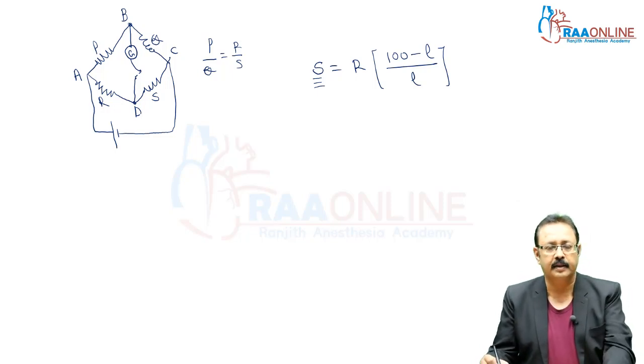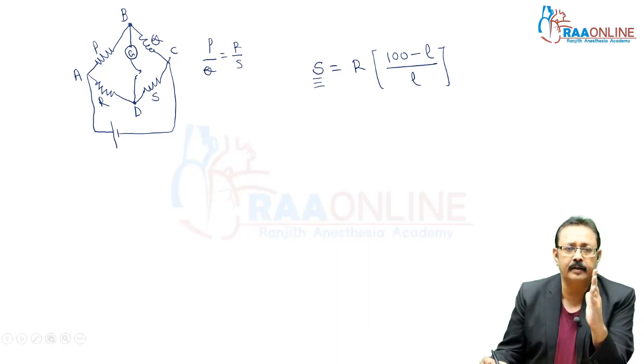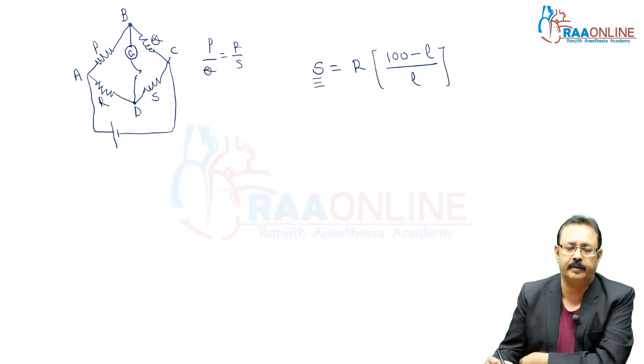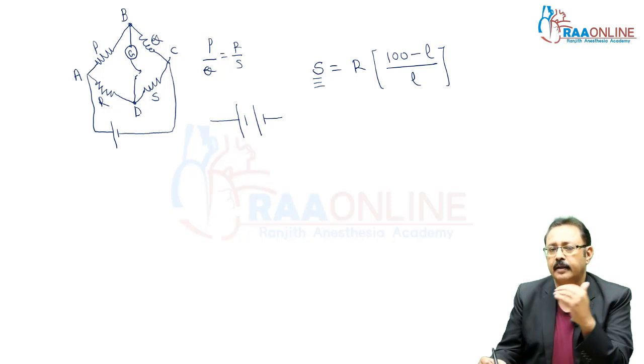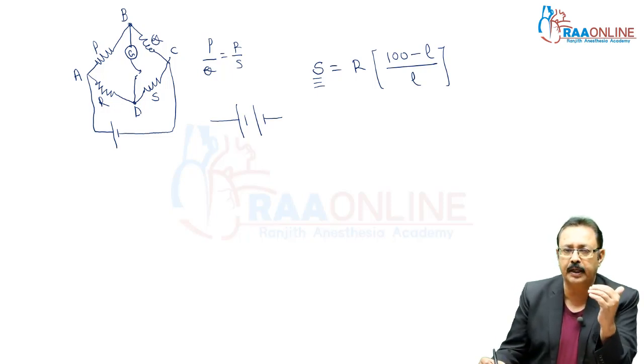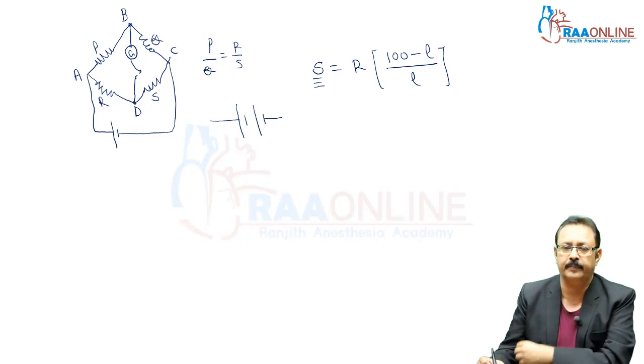And last, two important points are related to, one is Kirchhoff's law and one is potentiometer. First we will discuss about potentiometer. What we are doing in potentiometer? In potentiometer, we are comparing the EMF of two cells, and we are calculating the internal resistance of a cell.